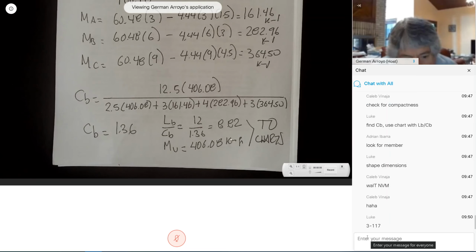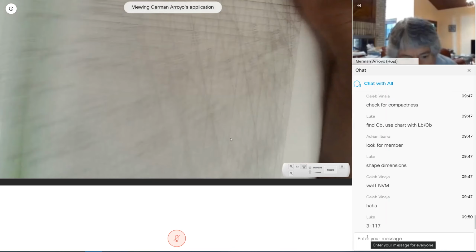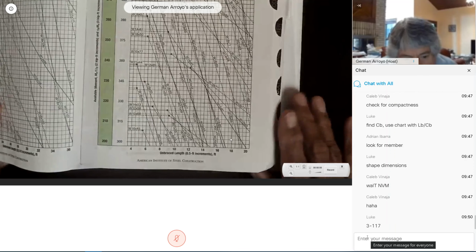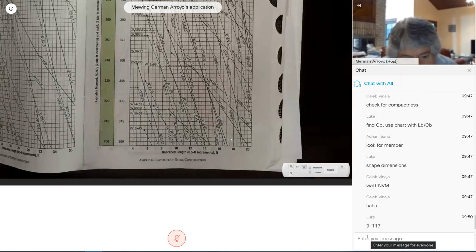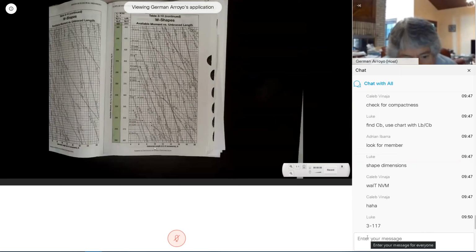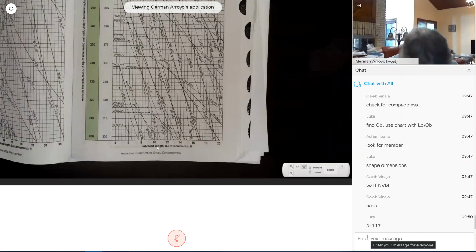Which page? 317. Three seventeen. That is the correct page. Please go to that page. And look, on brace length, you're gonna go with 8.82. So look, this is 9, this is 10, 8.82, somewhere in here, you're gonna go up.